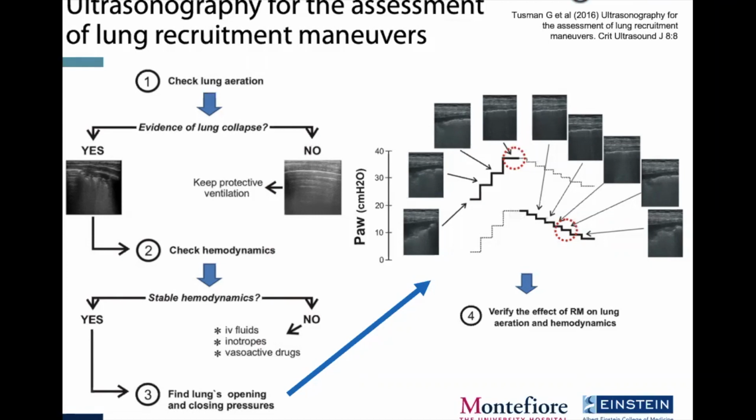Then a stepwise decrement in PEEP is performed until the ultrasound identifies the start of lung recollapse in the most dependent pulmonary areas. This is the closing pressure, denoted by the lower circle. At the end, the PEEP is chosen to be 2 centimeters above this closing pressure to help maintain alveoli that stay open. If anyone wants to look at this protocol more closely, here's the citation.